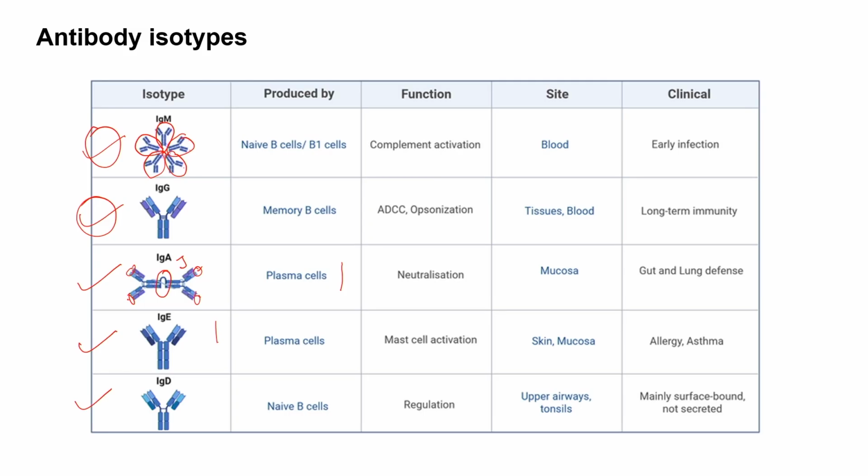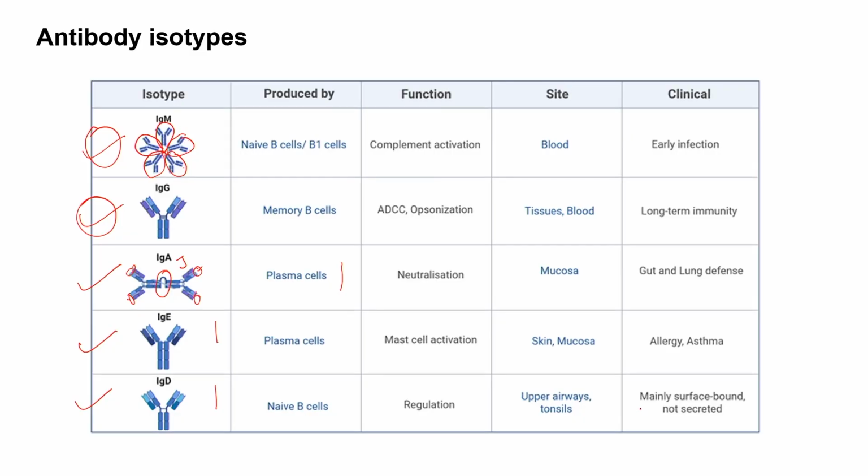So IgE is some indirect indication of allergic inflammation. IgD, on the other hand, is actually present on the surface. These are not freely available. So these are specifically bound to the cell membrane. So they are not solubilized. They are not freely circulating in the blood circulation, and therefore they are mainly surface bound and not secreted out.